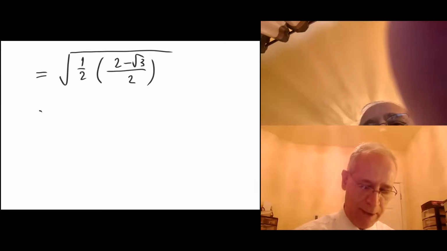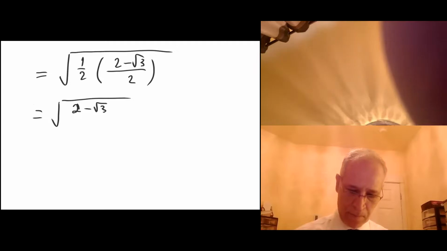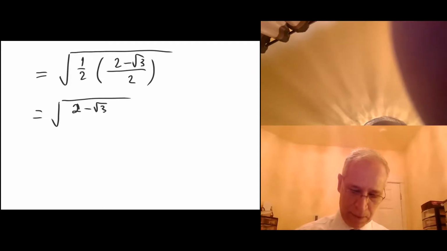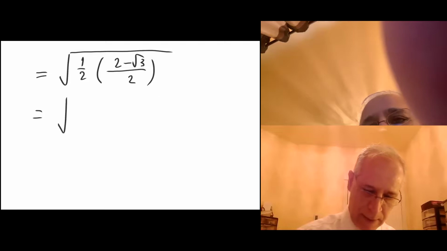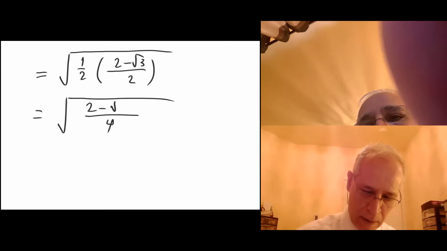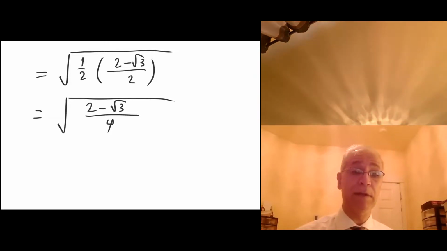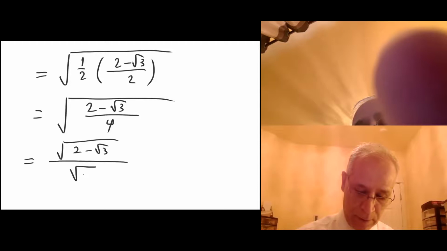Okay, a couple of baby steps. 1/2 times 1/2 is 1/4. Now I can rewrite this as square root of 2 minus root 3 over square root of 4.